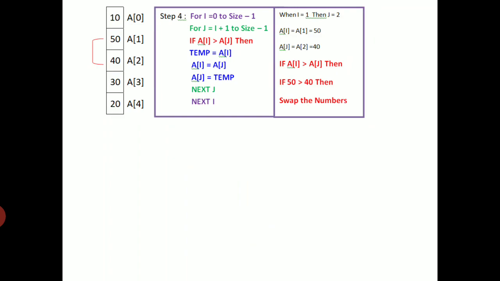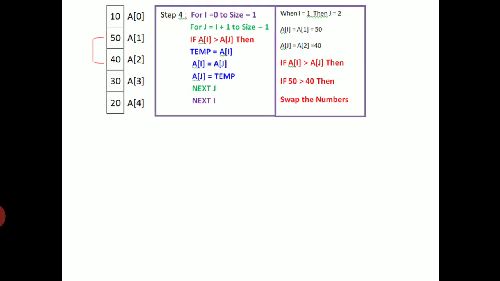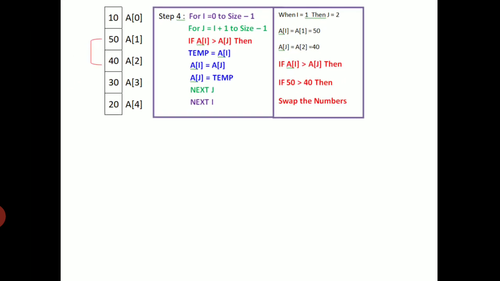See, this is the correct array. We got 10 in the first place. We found the lowest element among the 5 elements at the top position now. So we got its proper position. We had 5 values in the array.